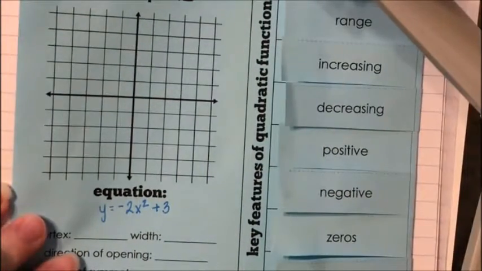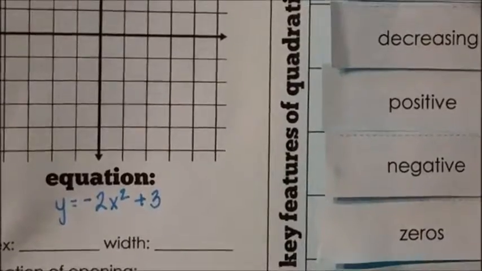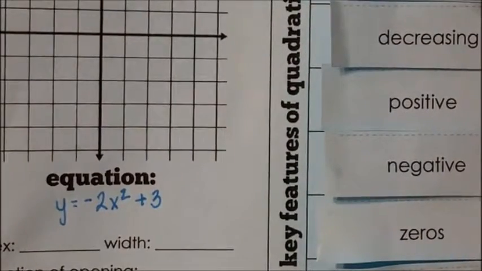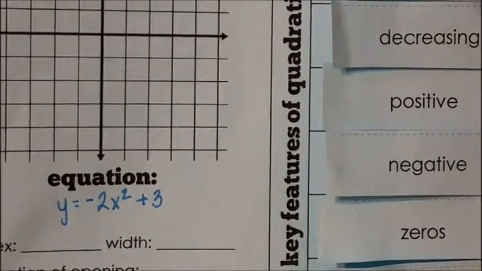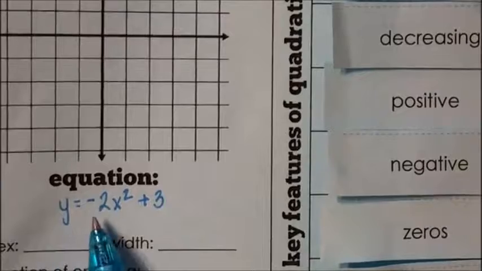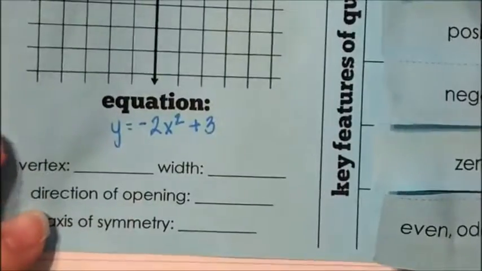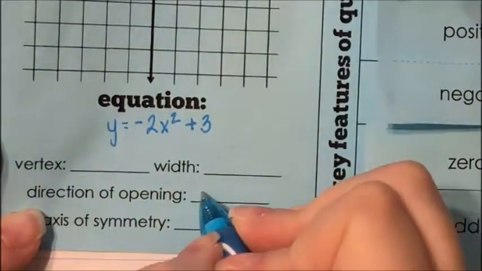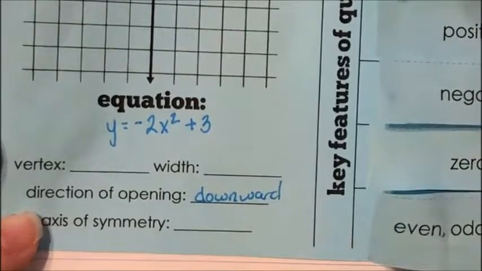So your equation is negative 2x squared plus 3. There are a couple of things we can already do. This negative out in front, the direction of opening, tells me it's going to go downward.